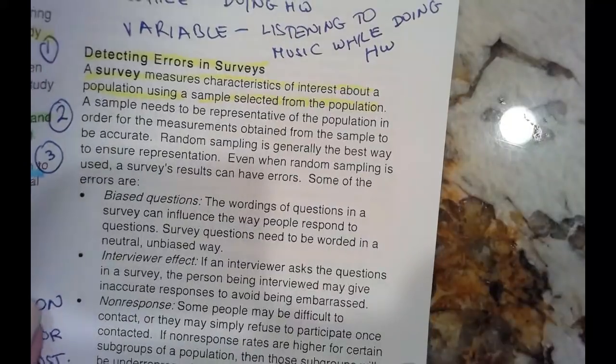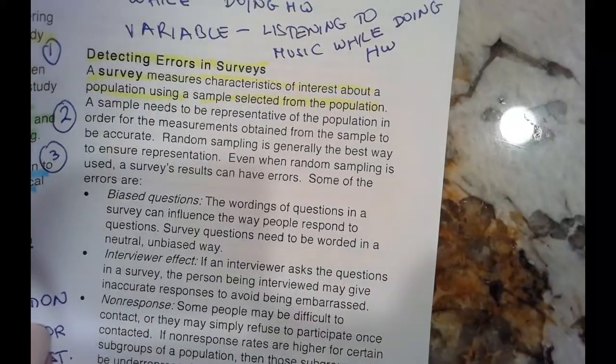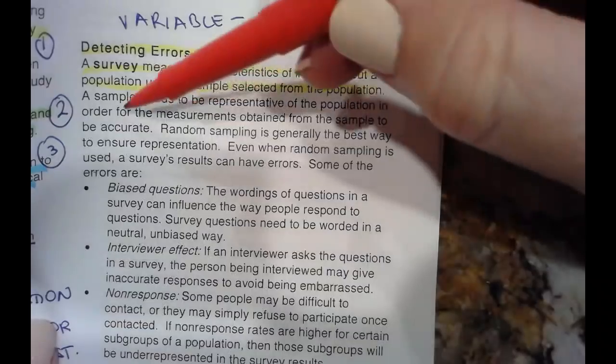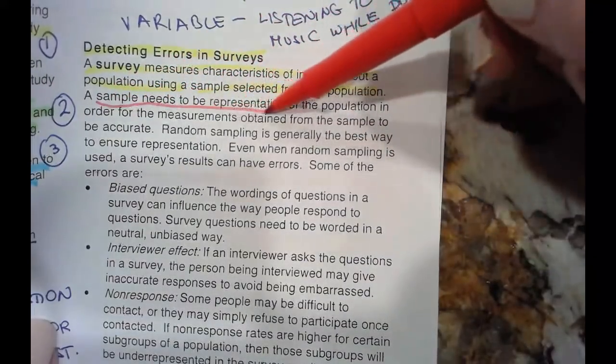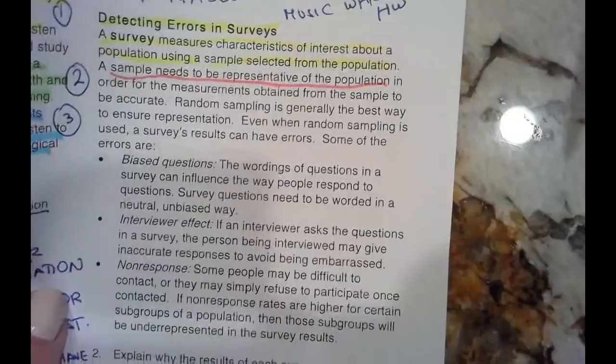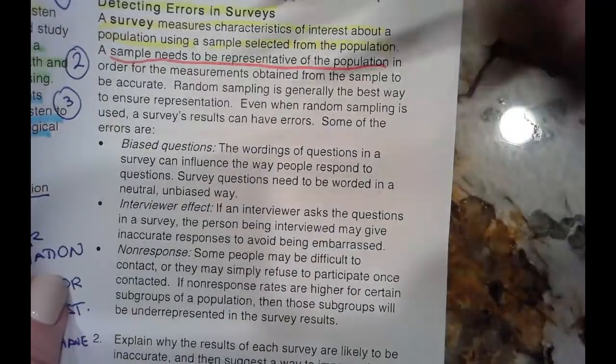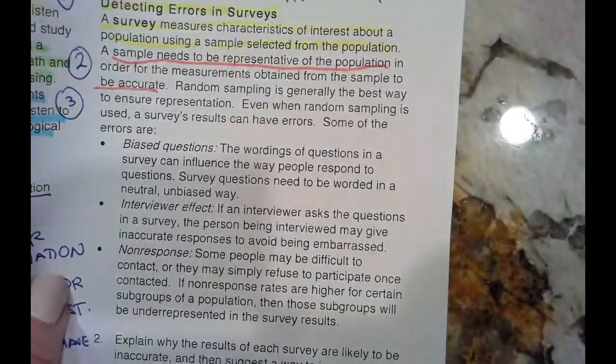There are some rules that apply to sampling, and a sample needs to be representative of the population. That's absolutely crucial. The sample needs to be representative of the population in order for the measurements obtained to be accurate, which makes sense.